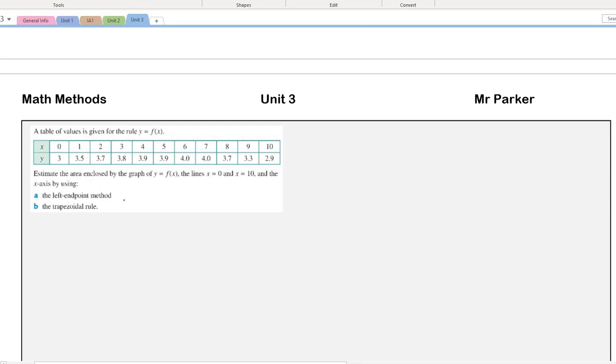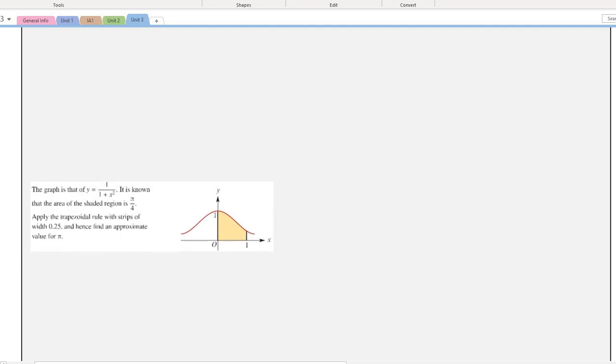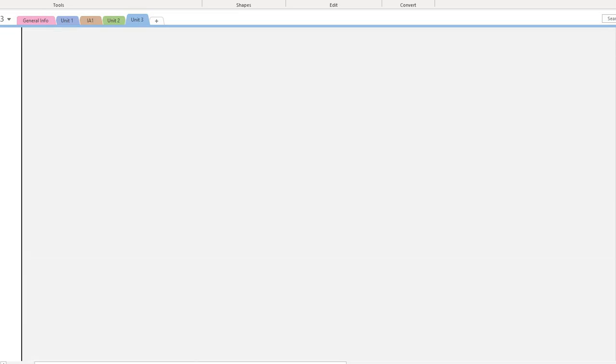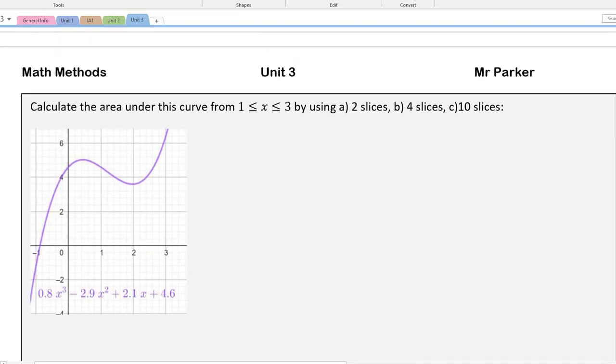It wants you to find the appropriate ones, and then this is the final one that it wants you to do using the widths that it's giving you. So those 3 questions I want you to do. The reason I'm getting you to do it in the book instead of the textbook is the textbook doesn't actually have these questions in it, so I've just put them in the workbook itself.